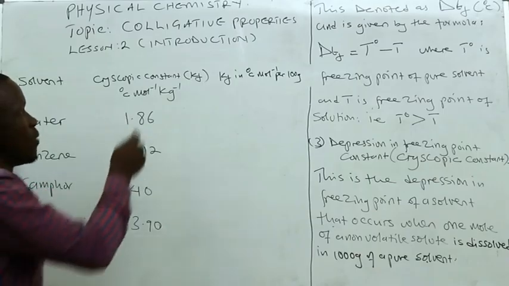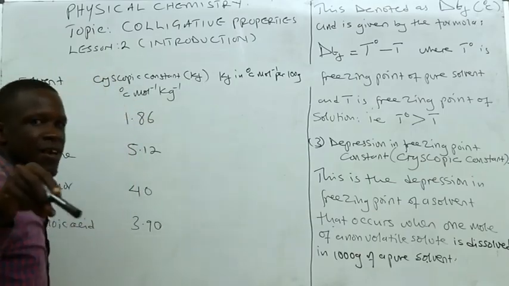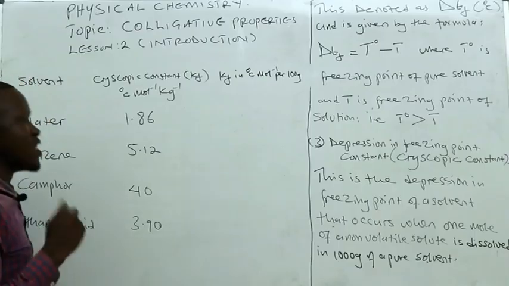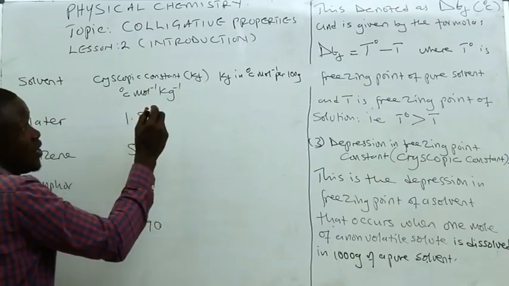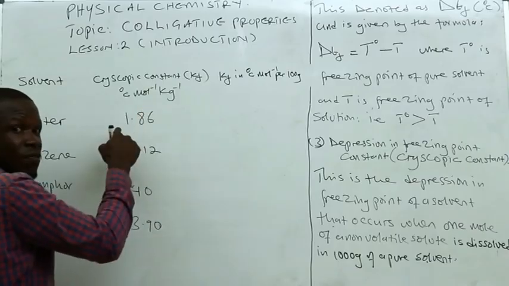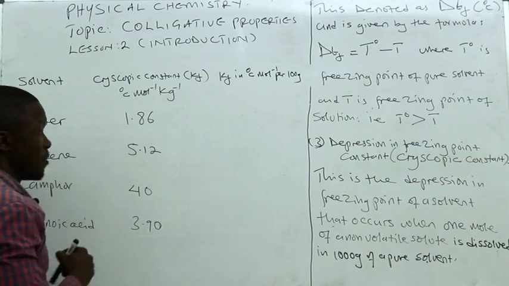That's what it means per mole. 1 mole of any solute dissolved in 1,000 grams of water, the depression in freezing point of water will be 1.86.